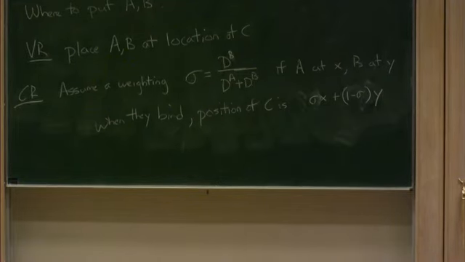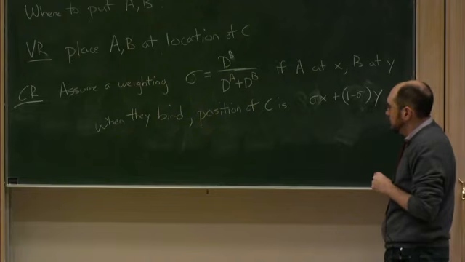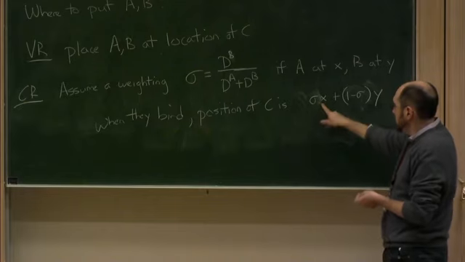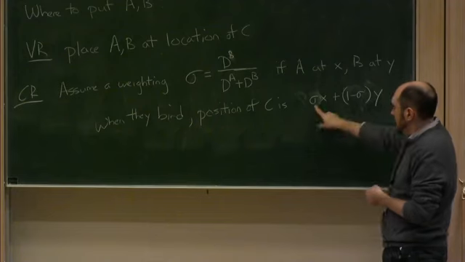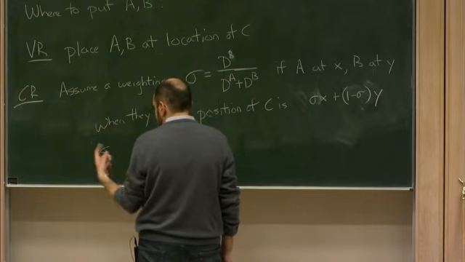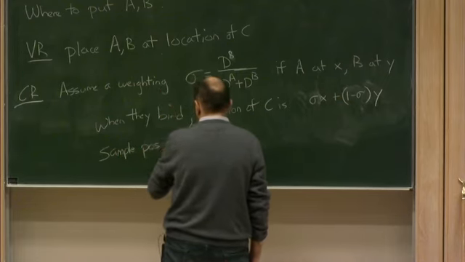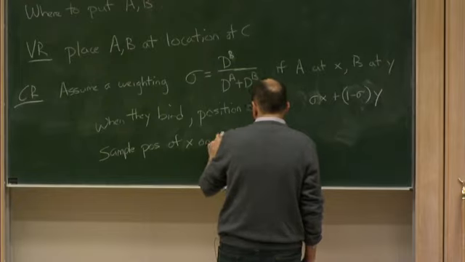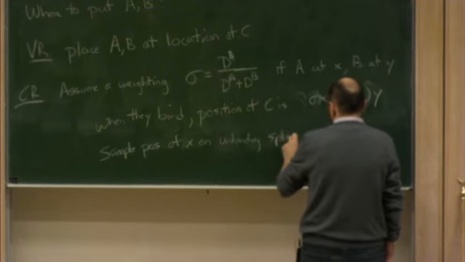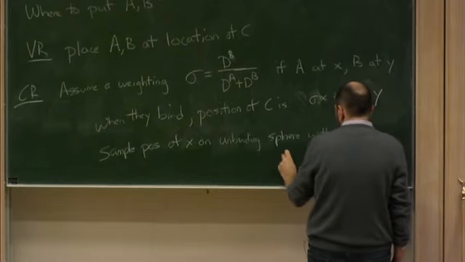So when they unbind, we'll place C based on this weighted combination. When they bind, this is where we'll place C. When they unbind, we'll place X on a weighted sphere that comes from this. So the strategy is, and Stephen, correct me if I've got this wrong, we're going to sample the position of X on the unbinding sphere with radius sigma times R_U.